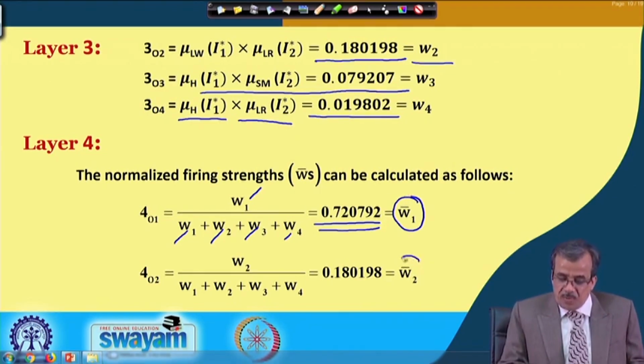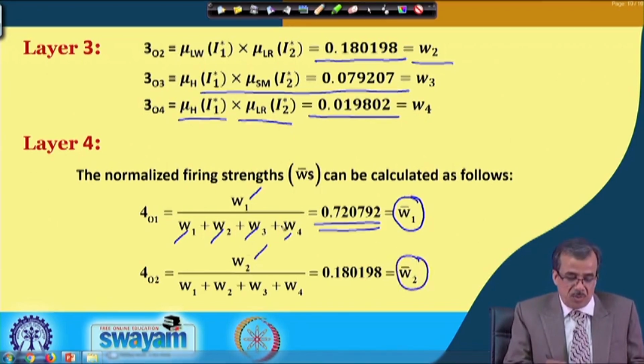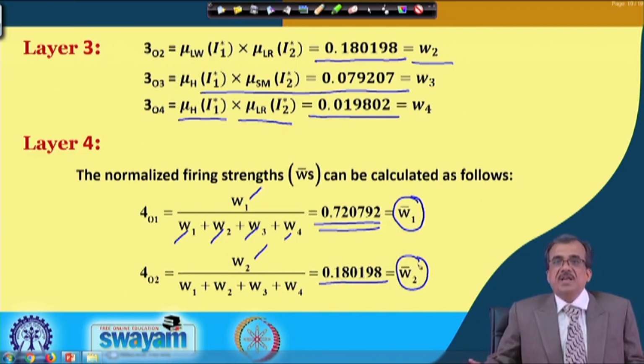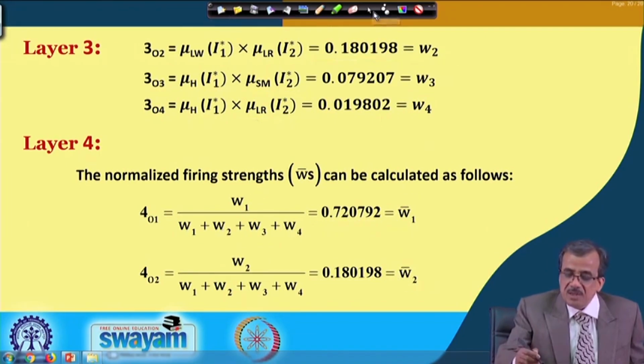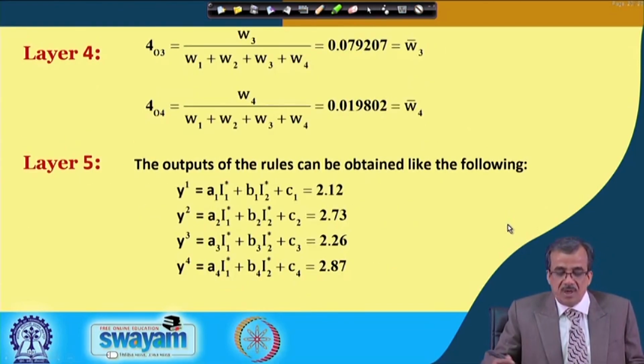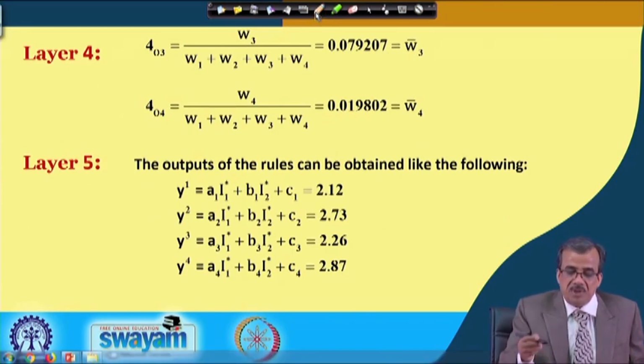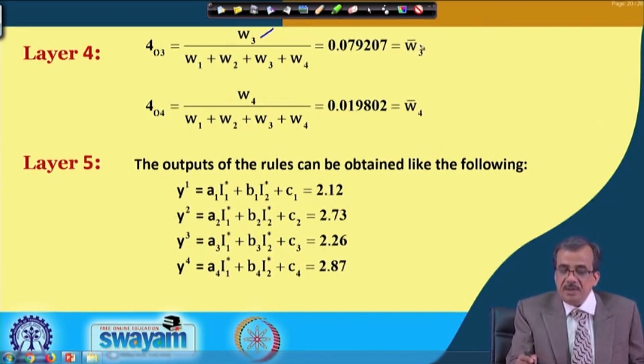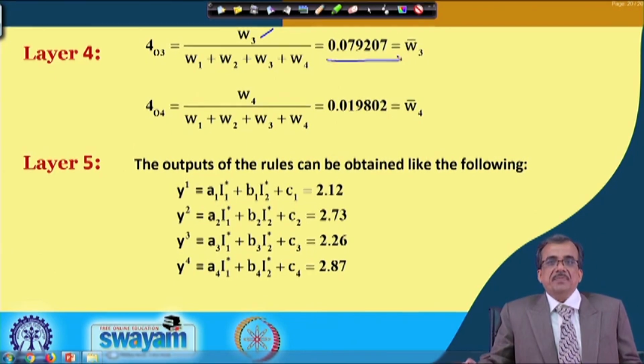Similarly, this W2 bar is nothing but W2 divided by the sum of all W values, and if you substitute the numerical values, you will be getting W2 bar is nothing but 0.180198. Now, by following the same procedure, we can also find out what should be your W3 bar, and W3 bar is nothing but W3 divided by the sum of all the W values, and you will be getting 0.079207 as your W3 bar.